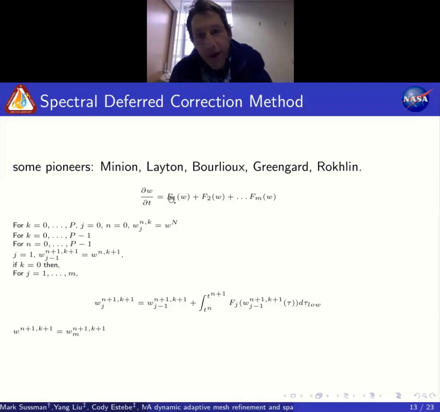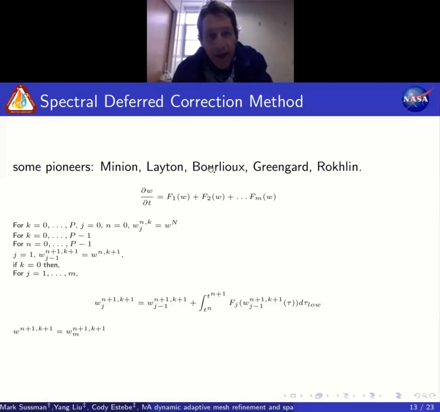For example, F1 represents advection, F2 is diffusion processes, and F3 can be various body forces, and so on.